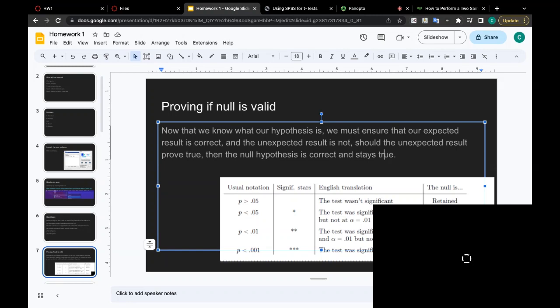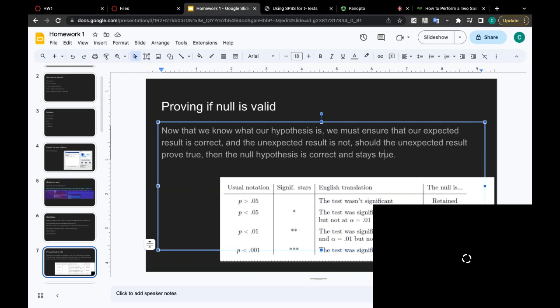But let's say in our example, it does produce 20 grams each time, then the null hypothesis is correct and stays. We have to accept the result. You can use another data set and prove it another time, but in this case, we're saying that the null hypothesis is true.